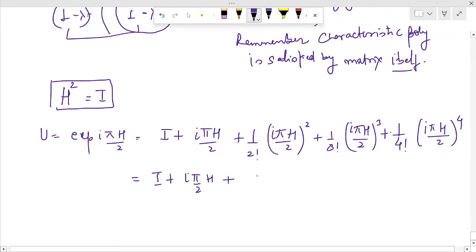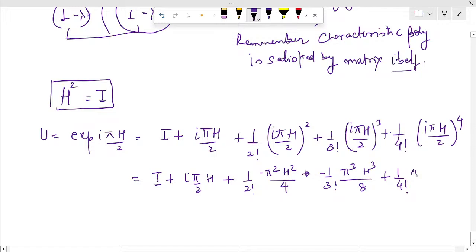Then plus, you'll have 1 upon 2 factorial, and then this is minus pi square h square upon 2, and then you have minus 1 upon 3 iota. Because iota cube is minus iota, you'll have pi cube h cube upon 8, and then you will have 1 upon 4 factorial.